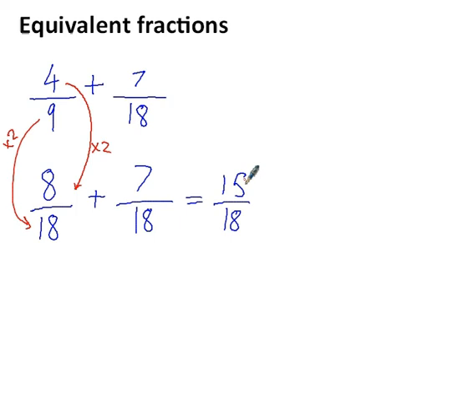I wouldn't be happy leaving it like that. I'd divide top and bottom by 3 and give myself the fraction 5 over 6. Okay. So anyway, all of this was to show you that equivalent fractions are particularly useful when it comes to adding or subtracting fractions.